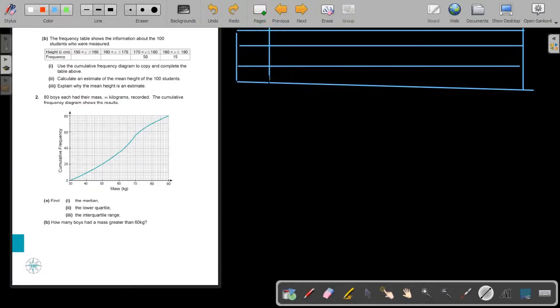So if I look at this, I will now see how many. It's 1, 2, 3, 4. Okay, I think I'm going to make this a bit bigger. Okay, so this is going to be the height.